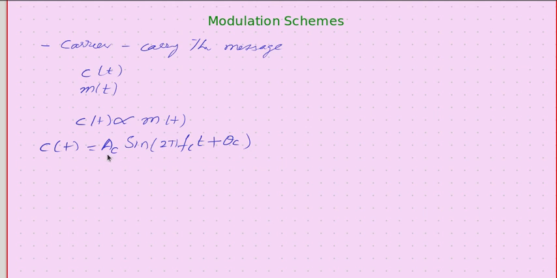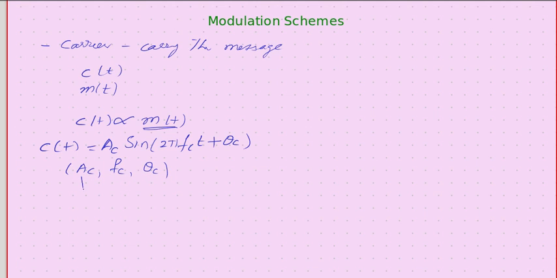So a sine wave with some particular frequency fc and some phase shift theta c and some magnitude Ac. So there are three parameters our carrier is having. One is the magnitude, second one is the frequency, and third one is the phase. So our signal can be made to vary any of these three.